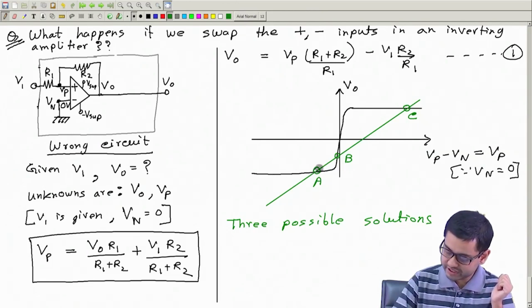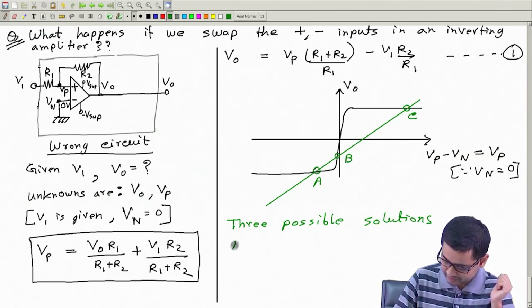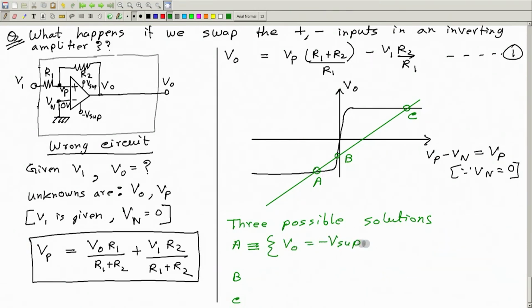If the solution is this, then output Vo will be minus V supply. Let me write them: A, B and C. For A, we have output Vo equal to minus V supply, and Vp is equal to something.